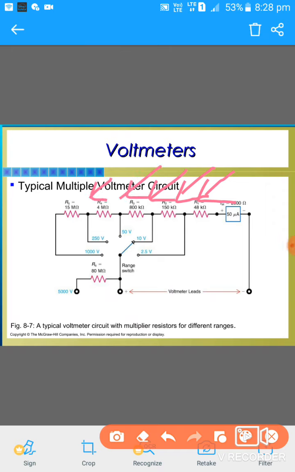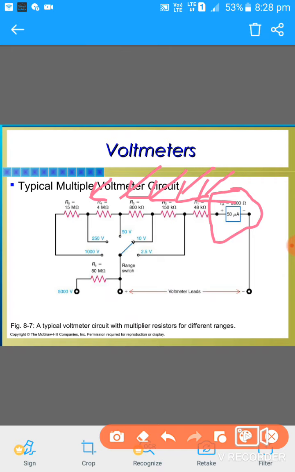There are 5 resistors connected in series, and one battery is connected in series with the 5 resistances, and one terminal of the battery is connected to the resistance, right student, and there is one shunt resistance here.